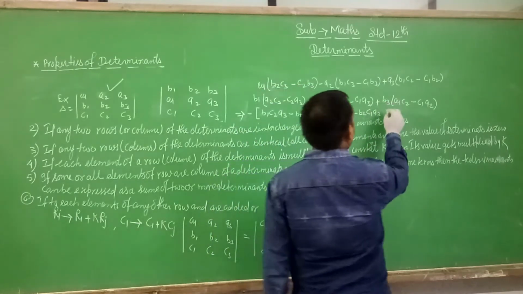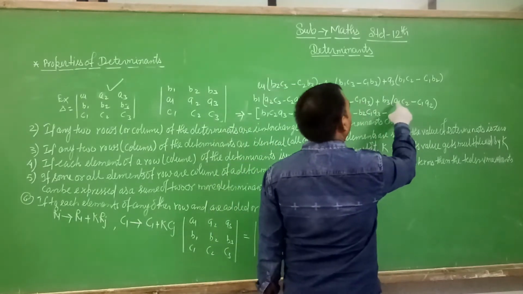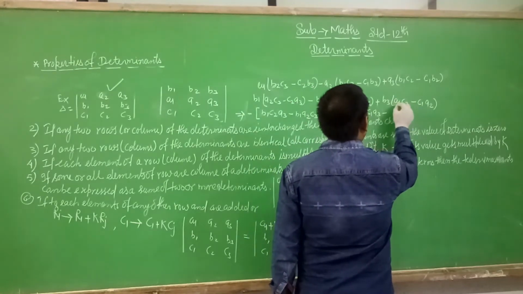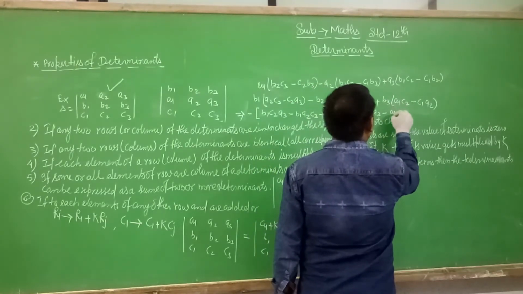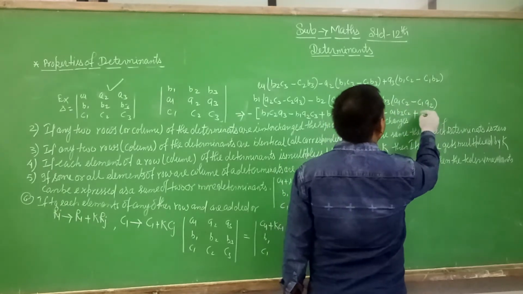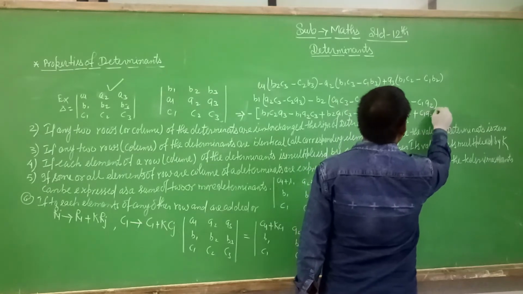Next I take the minus common, so it is converted into plus and minus: minus A1 B3 C2 and plus C1 A2 B3.